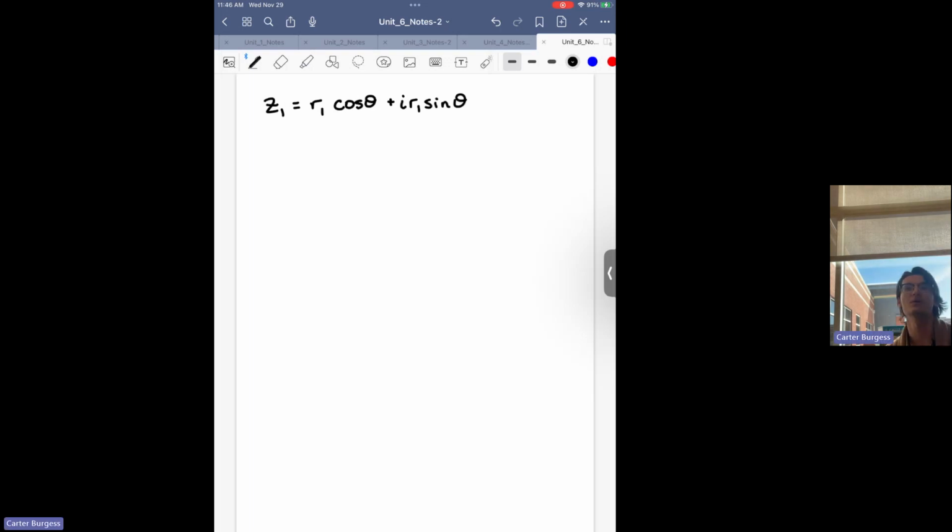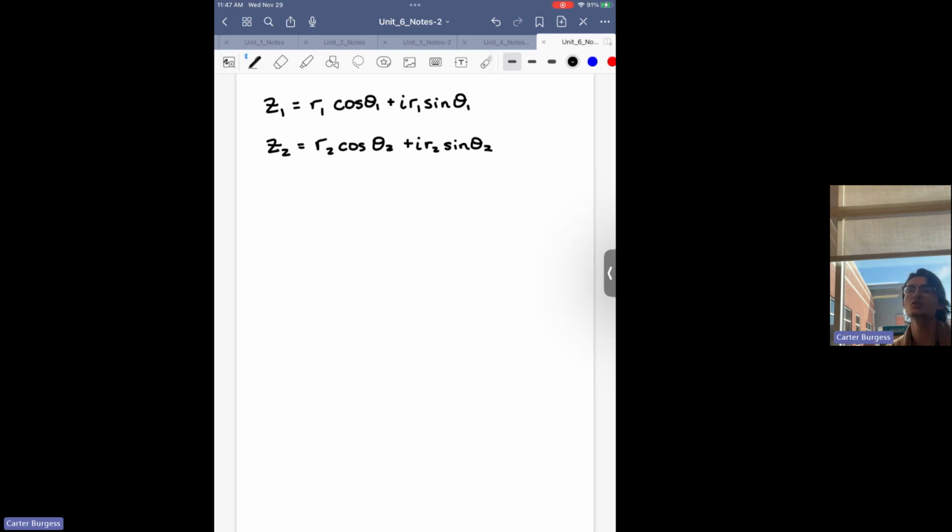This is a complex number just written out in its polar form. You would condense this into CIS of theta, but for the purpose of my demonstration, we're going to leave it like this. And we have a second complex number, Z2, which is R2 cosine of theta 2 plus i R2 sine of theta 2, not necessarily the same theta.